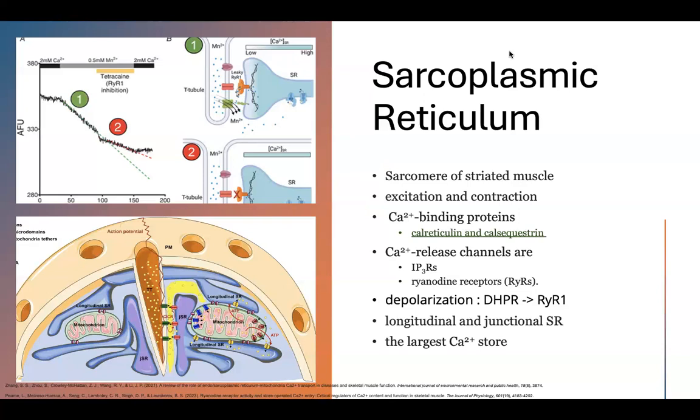The ion permeability of the IP3Rs is regulated by inositol IP3, cytosolic calcium, and ATP. When a stimulus is received, IP3 is produced, and the IP3Rs release calcium from the sarcoplasmic reticulum.